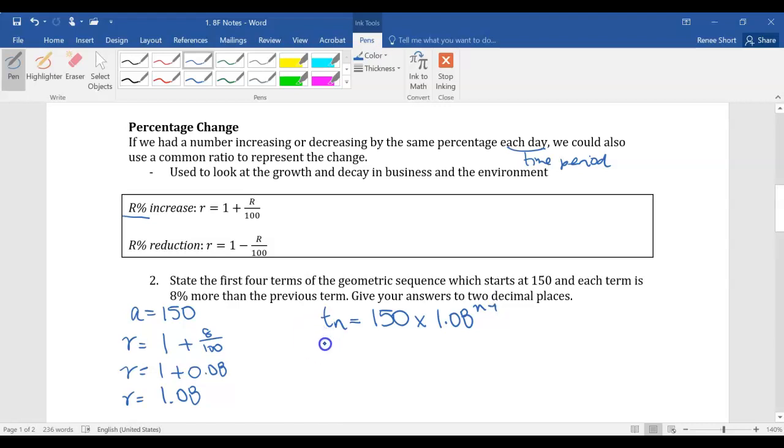Now to find the first 4 terms, I can substitute in. T1 equals 150 times 1.08 to the power of 1 minus 1, which just ends up being 150.